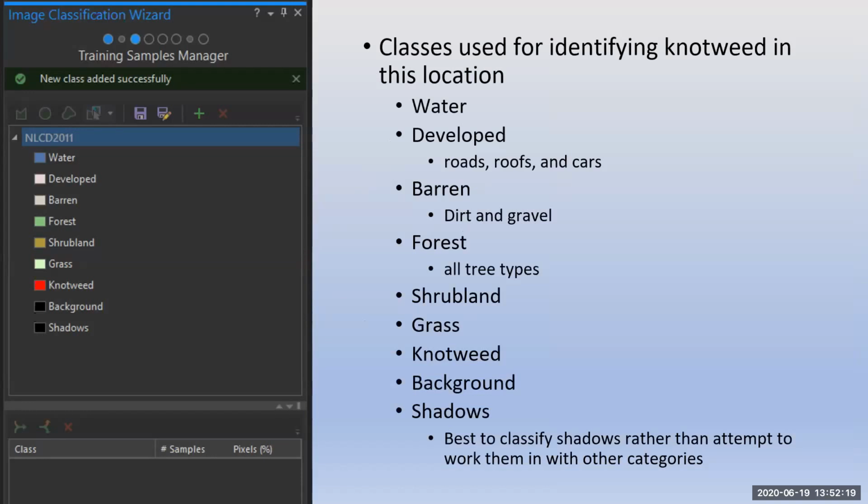So these are our final classes for our pixel wizard. So we used water, developed areas, and grouped roads and roofs and cars in there. Barren areas, which would be dirt and gravel. And our roads, I think, was included in that also. Forested, we grouped all those tree types together. Added Japanese knotweed.